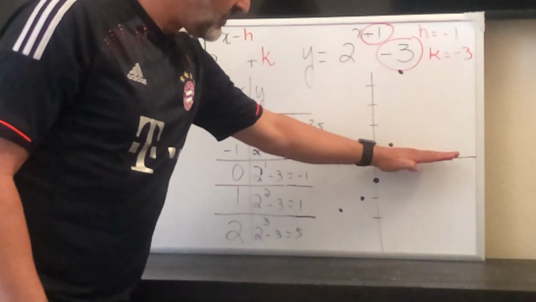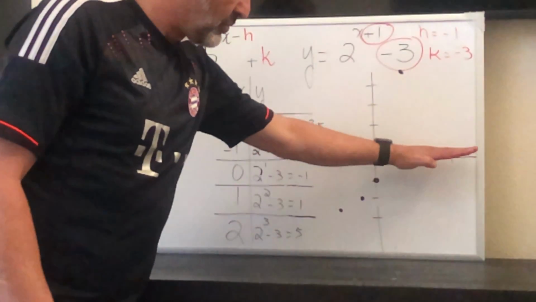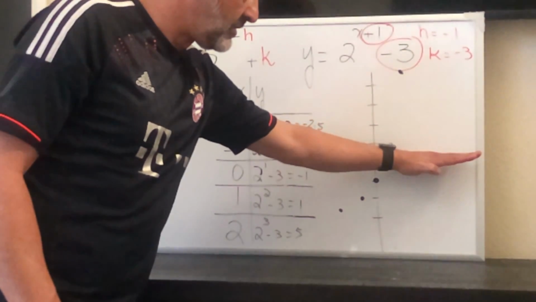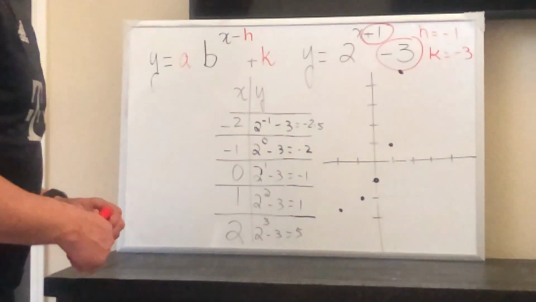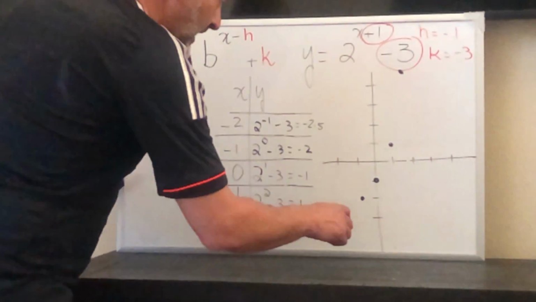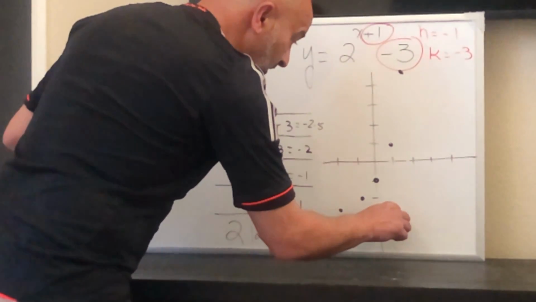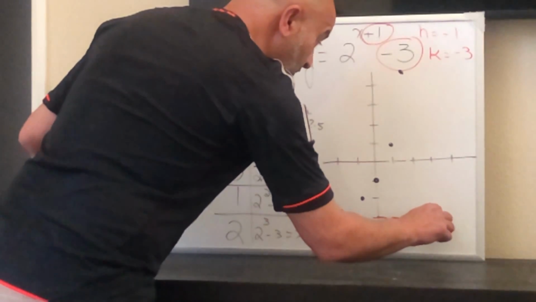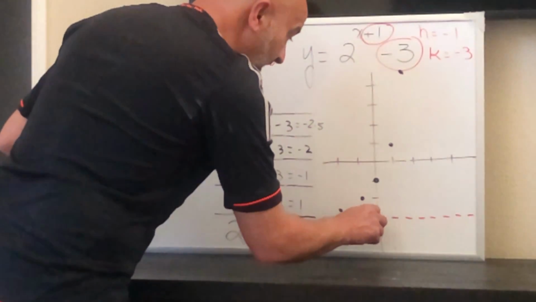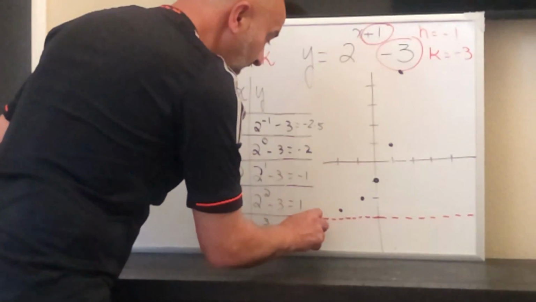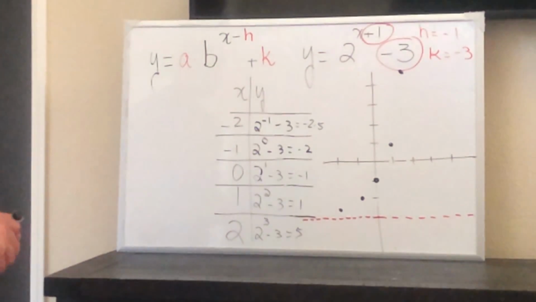So I'll shift the horizontal asymptote down 3 units, to negative 3, and I know I have an asymptote there. We always want to graph the asymptote with a dashed line, telling ourselves that our graph is going to get closer to it but never touch.